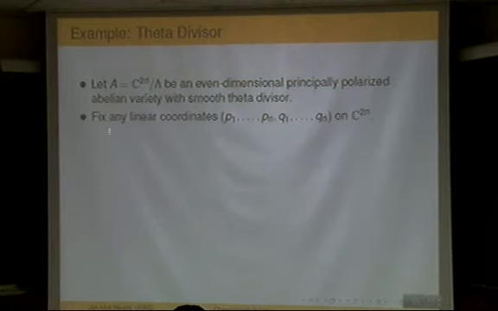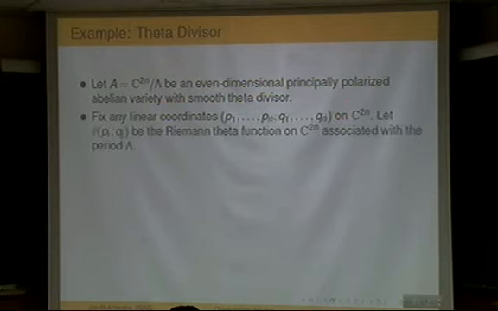Now you pick any linear coordinates on the even dimensional vector space, and then we have the theta function defining this theta divisor associated with the given period. So this is now an entire function on this vector space in these coordinates P and Q.